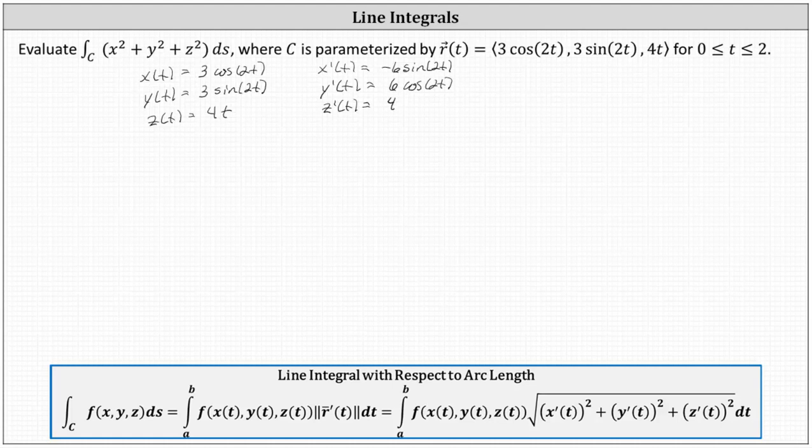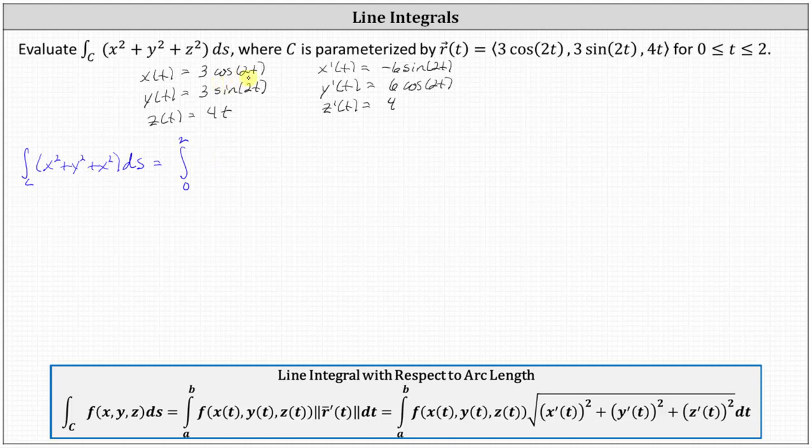So the given line integral along the curve C of x squared plus y squared plus z squared ds equals the integral with respect to t from 0 to 2 of, we now need to write x squared plus y squared plus z squared as a function of t by performing substitutions for x, y, and z.